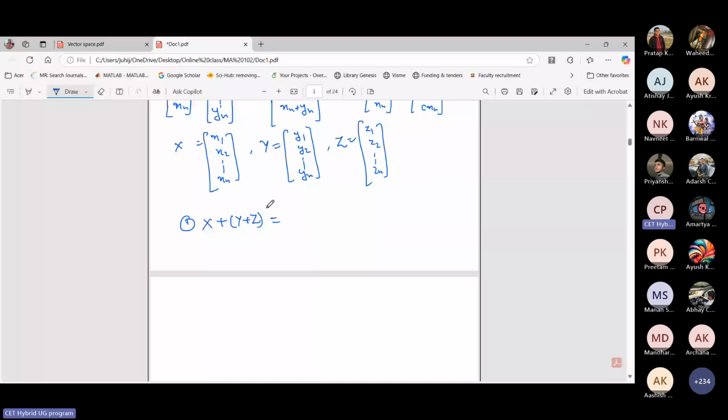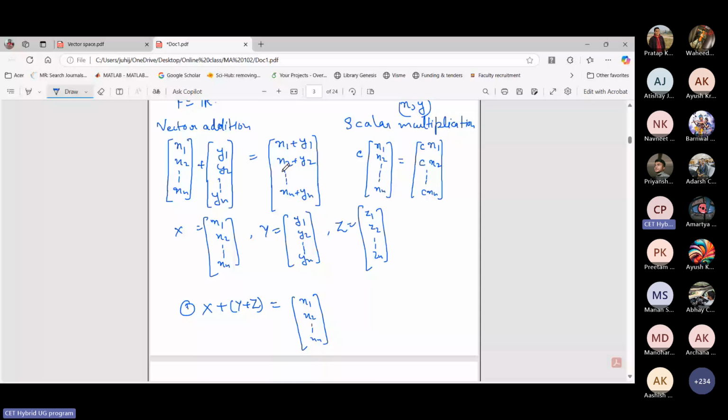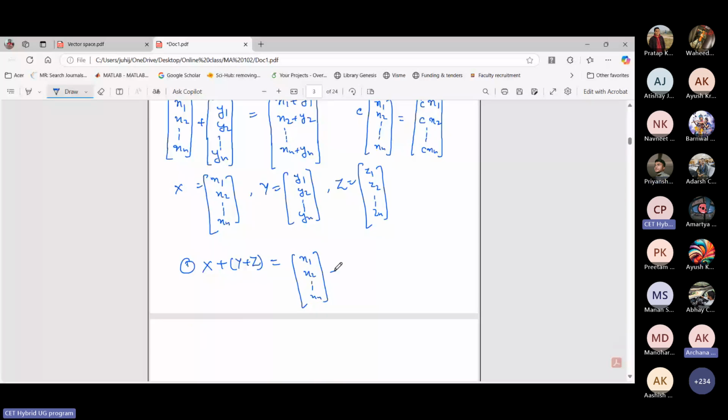This will be x1, x2, xn. Can I write y plus z directly by this operation? Yes, ma'am. Plus y1 plus z1, y2 plus z2 up to yn plus zn.